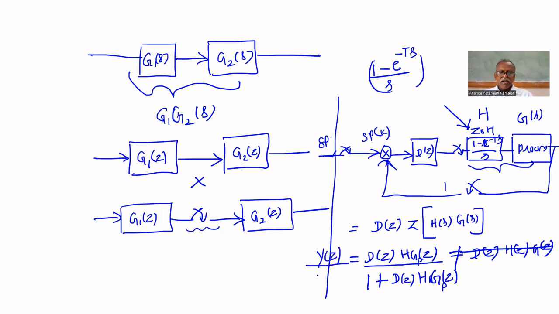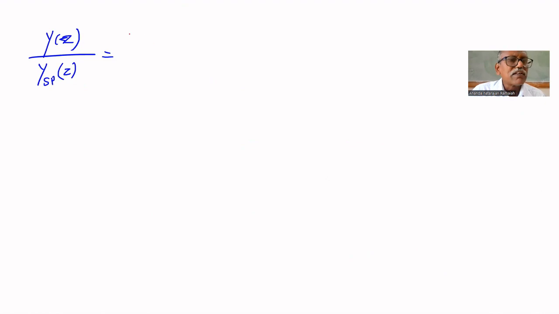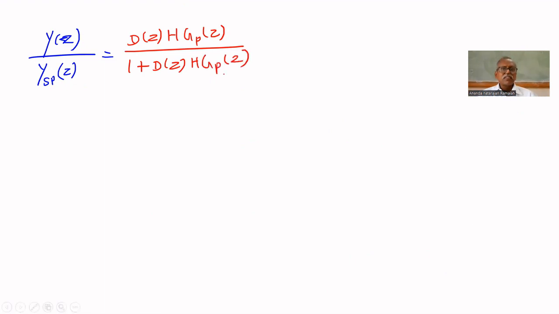The input is the set point, Y set point of Z. From this, we can write Y of Z upon Y set point of Z. Instead of saying set point of Z, I am saying Y set point of Z, because it is the set point for Y. Therefore, the transfer function is Y of Z upon Y set point of Z equal to D of Z HGP of Z upon 1 plus D of Z HGP of Z. This is the transfer function.